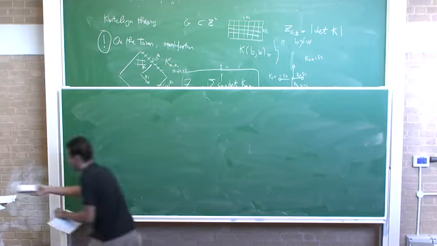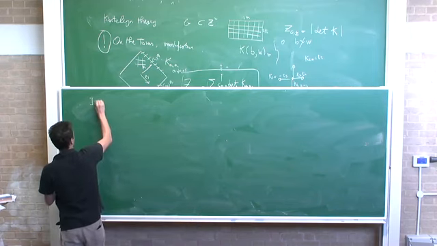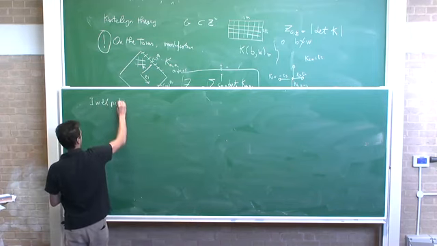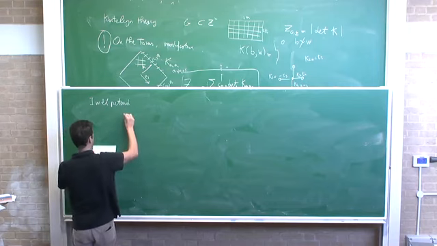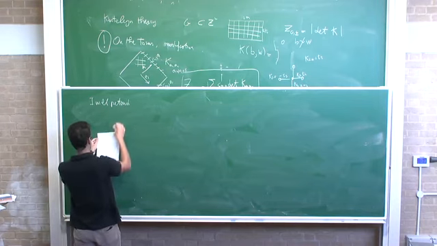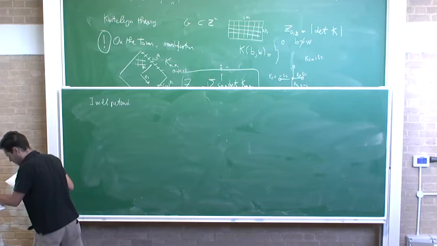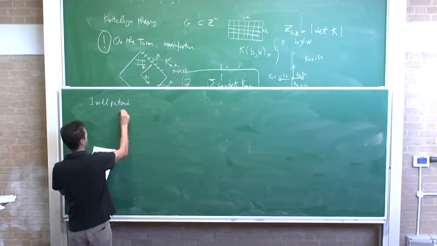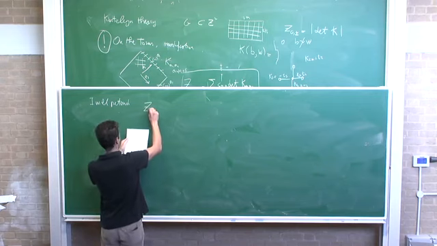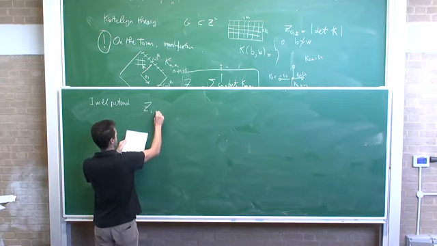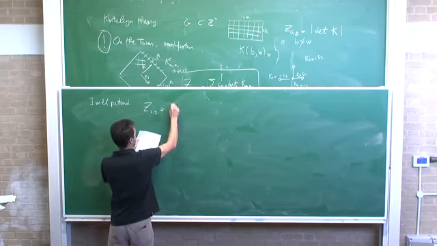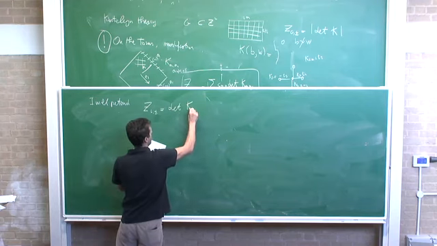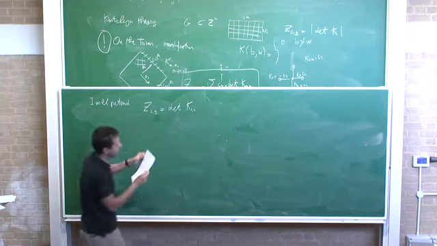I will pretend that Z on the torus is just given by the determinant of, say, K11, where 1 is the antiperiodic.